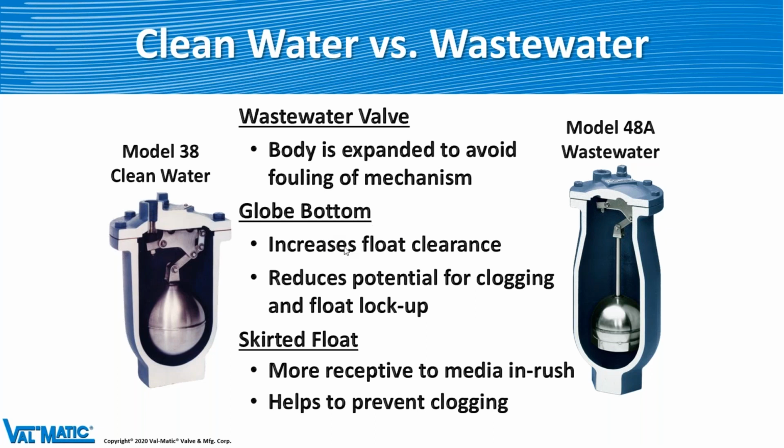It increases the flow clearance. We have more clearance around the flow here than we do in a standard air valve, where there are no solids, because you don't want it to lock up and become clogged, and you don't want the flow to be unable to do its job.